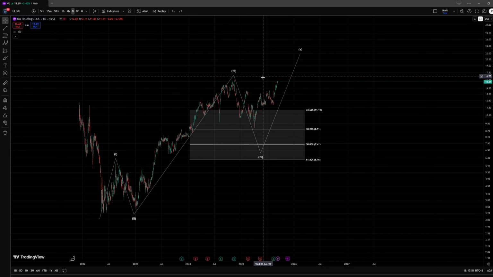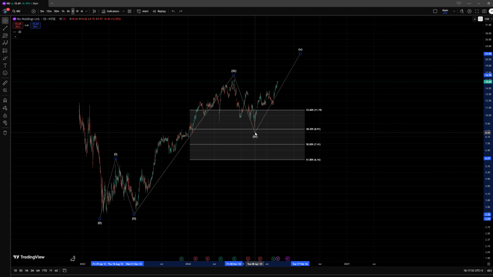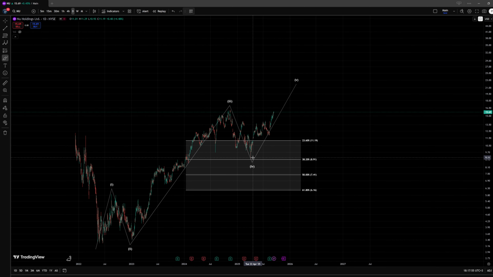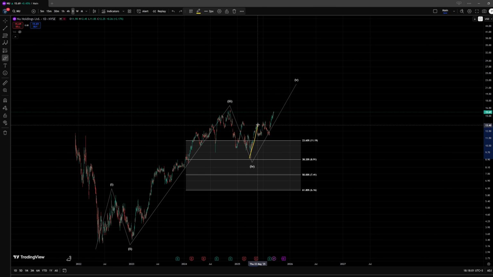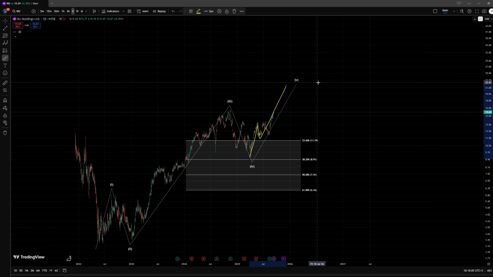And the difference is that in the case of the impulse, I would be tracking a 5-wave move to the upside, whereas in the case of the diagonal, I would really be looking for only a 3-wave move, and that would really be the difference maker.